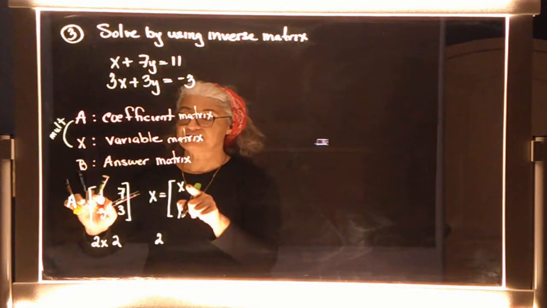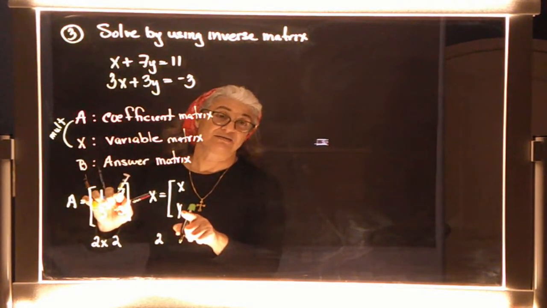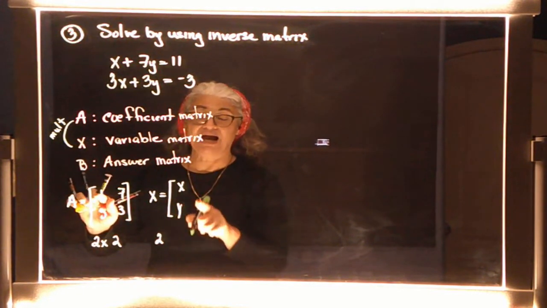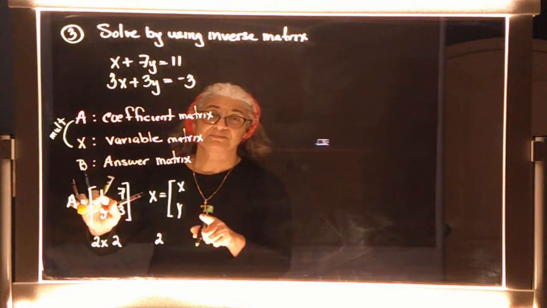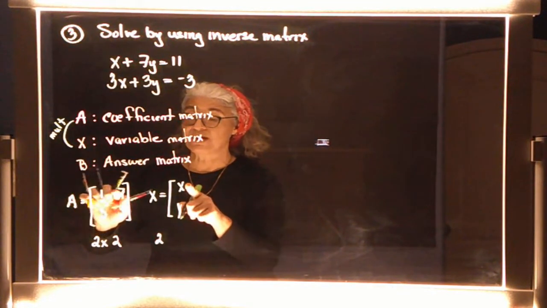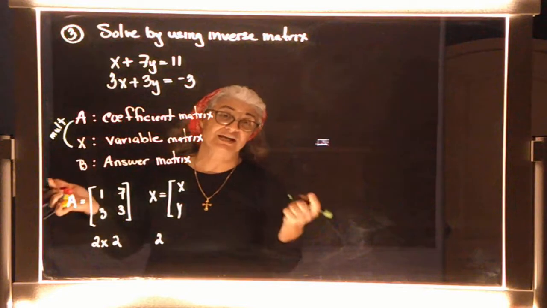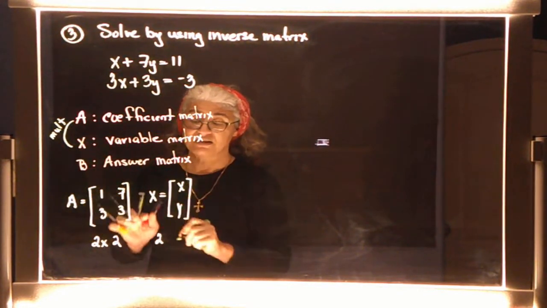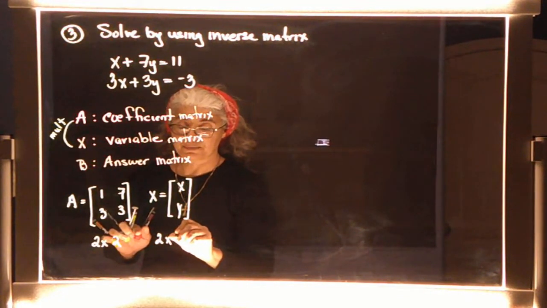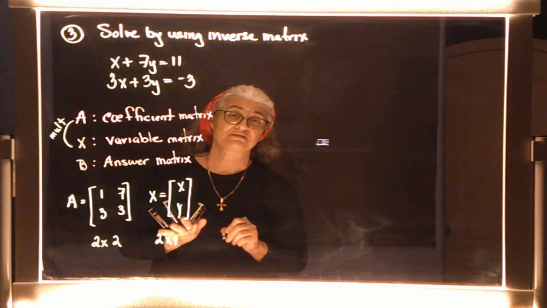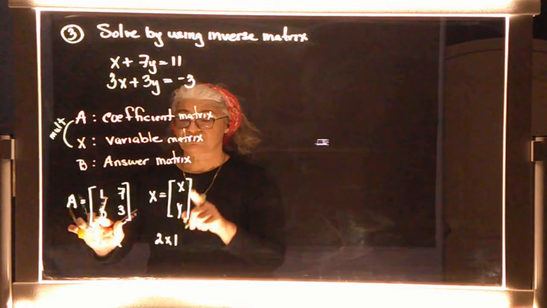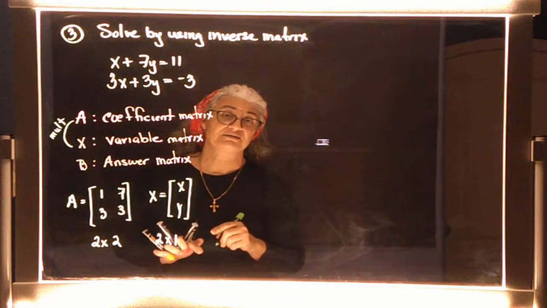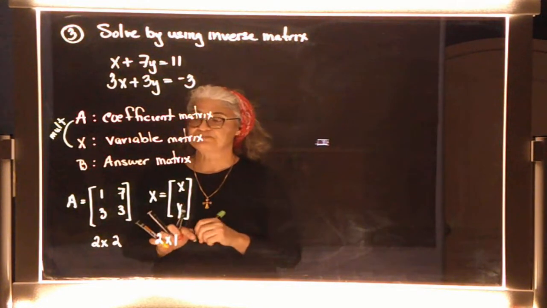So now I have 1x plus 7y. Does that make sense? I don't need another column because 1 and 7 are only written one time, which means this is going to be a 2 by 1 matrix. Check the second one. 3 times x, 3 times y. 3x plus 3y. Cool? Okay.